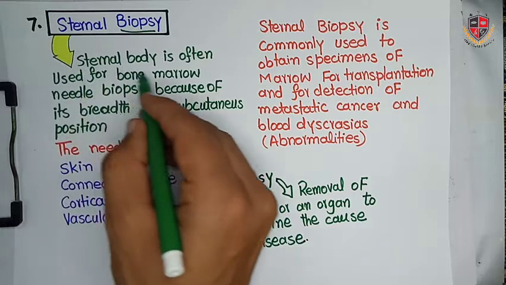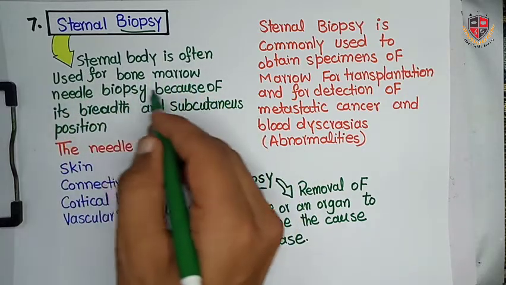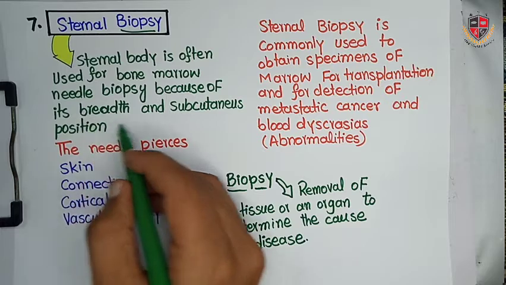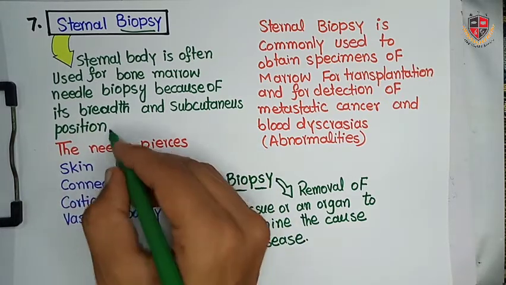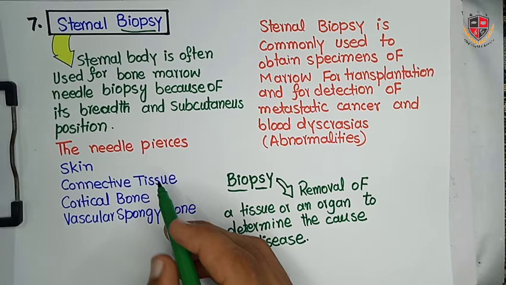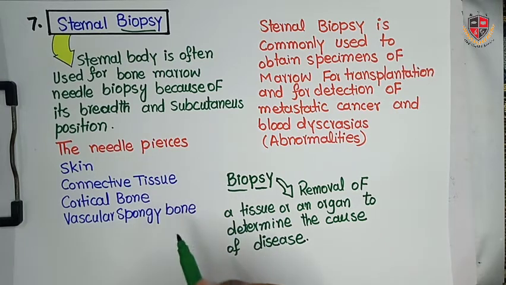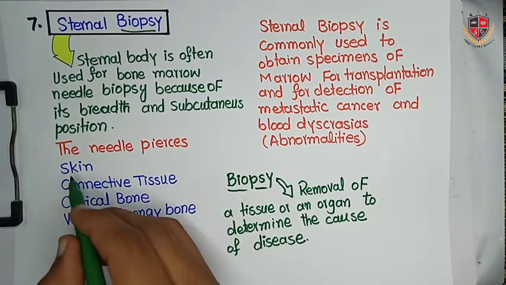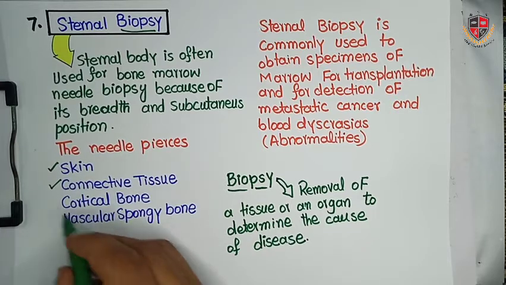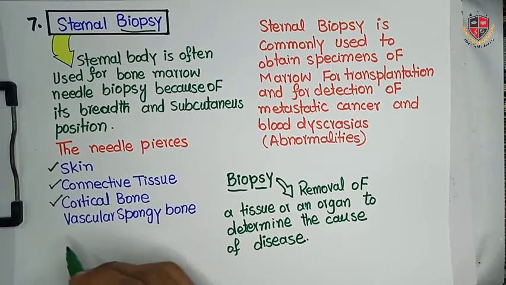The sternal body is often used for bone marrow needle biopsy because of its breadth and subcutaneous position. The needle pierces the structures in sequence from superficial to deep: first skin, then connective tissue, then cortical bone and vascular spongy bone.